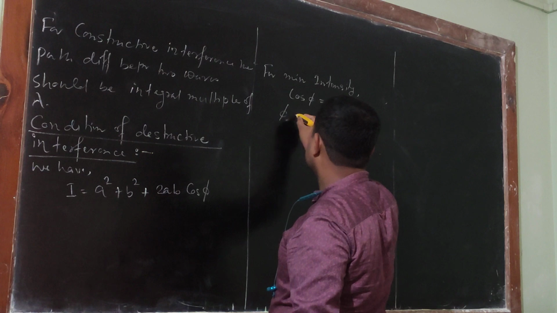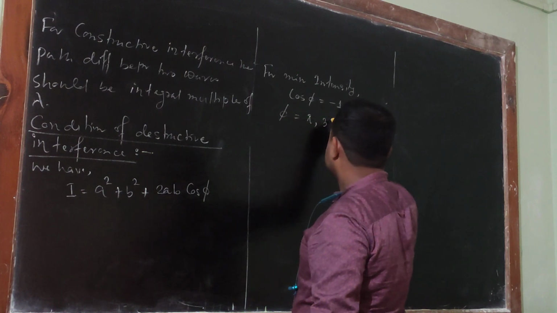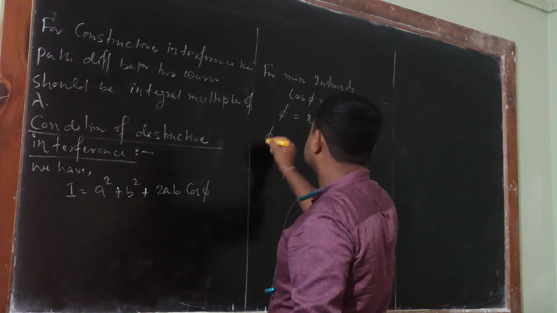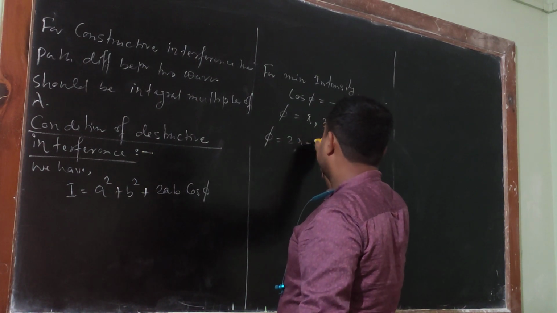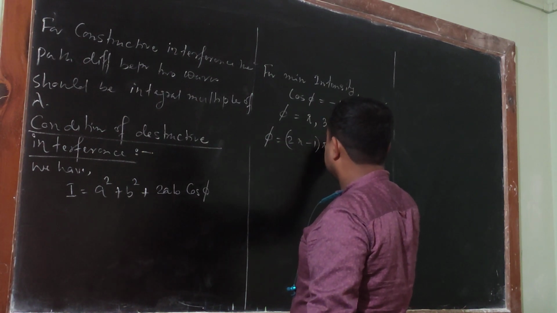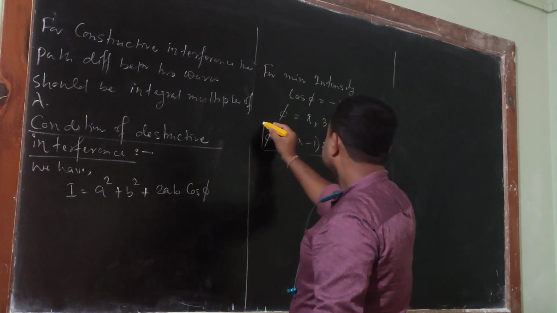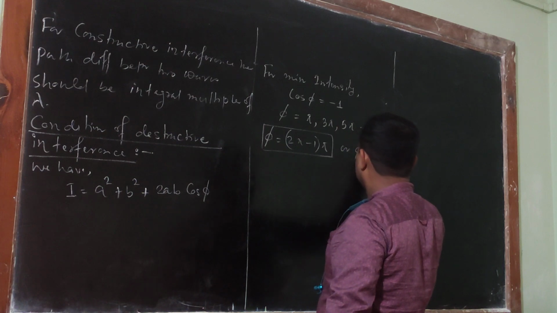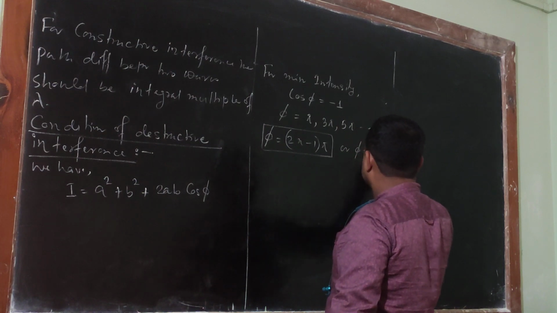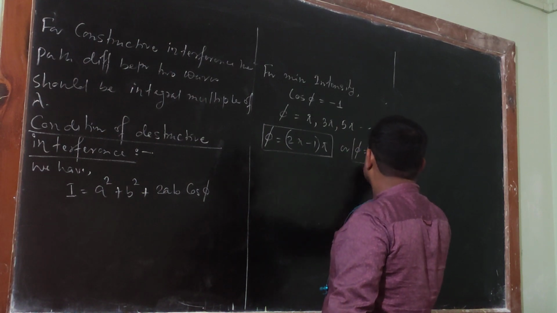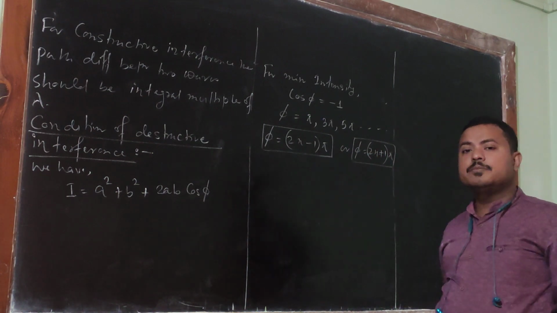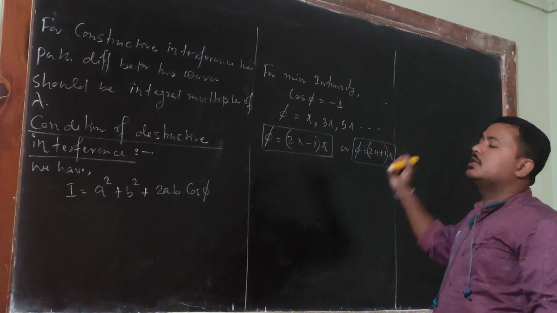So what will be phi? It is pi, 3 pi, 5 pi, or phi is equal to (2n minus 1) pi. Okay. You may use (2n plus 1) also, because both are odd multiples. So phi will be (2n minus 1) pi or (2n plus 1) pi.